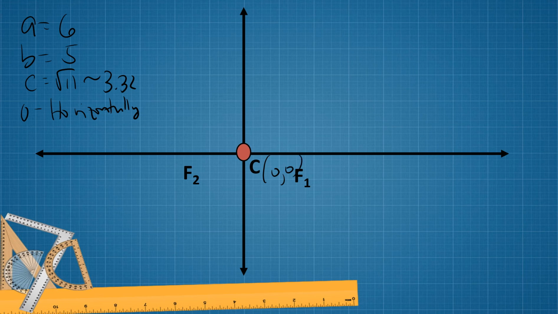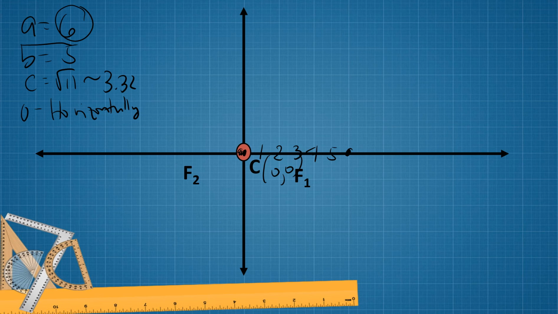Now, the next step is we can locate the vertices. How are we going to locate the vertices? Since the orientation is horizontal and a is used in order for us to locate the vertices, we're going to count 6 units from the center, right and left. So from this center, we count 6 units: 1, 2, 3, 4, 5, 6.